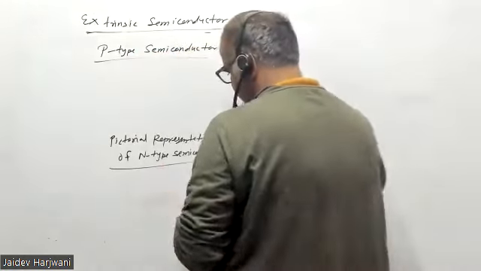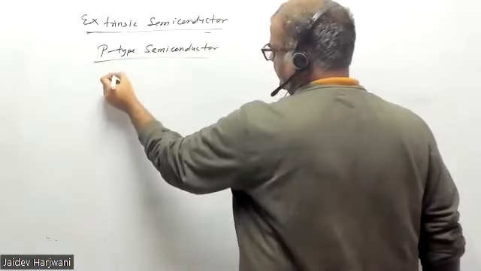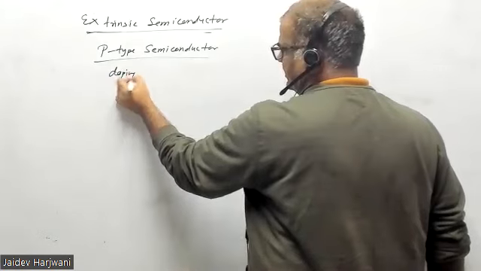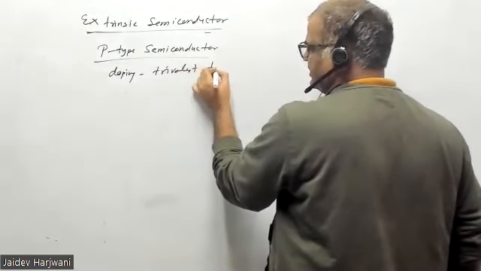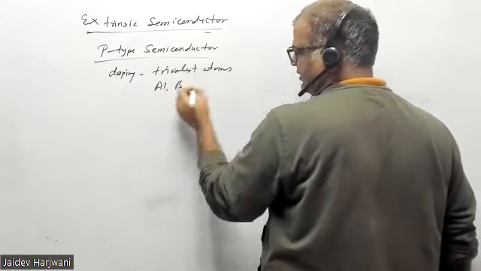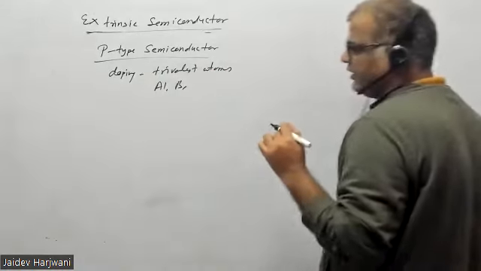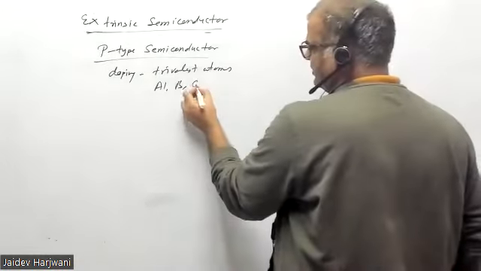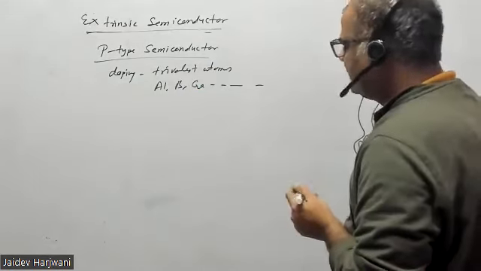So p-type means now the doping will be trivalent atoms. That is aluminum, boron, gallium, indium. Phosphorus is a fifth group element, so not that. Okay, so these are the trivalent impurities.